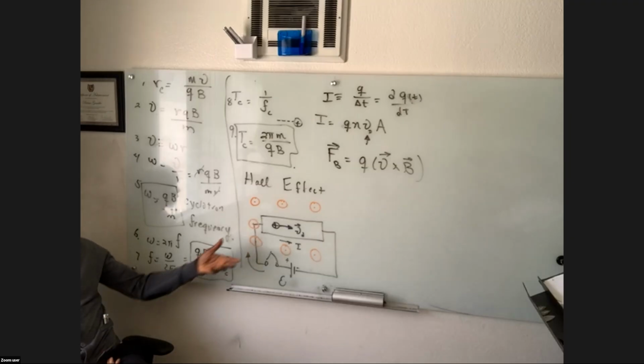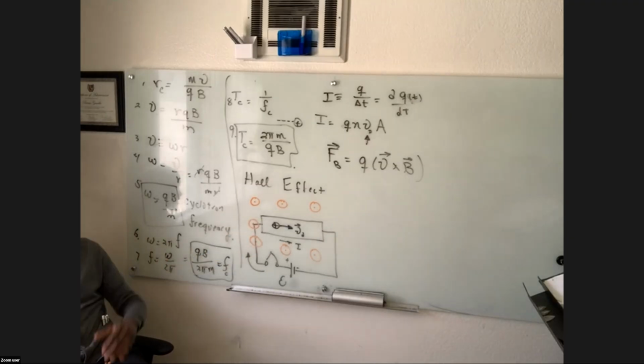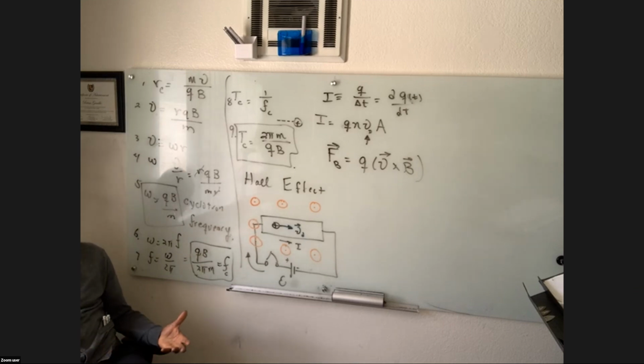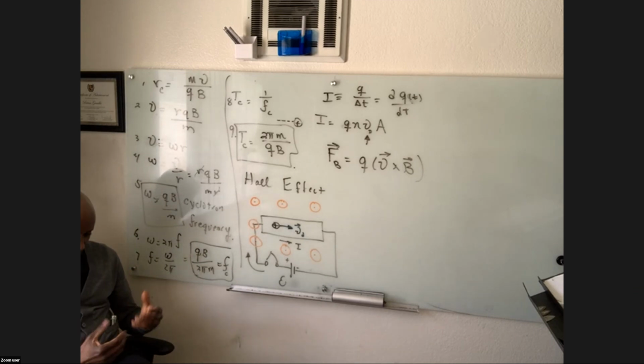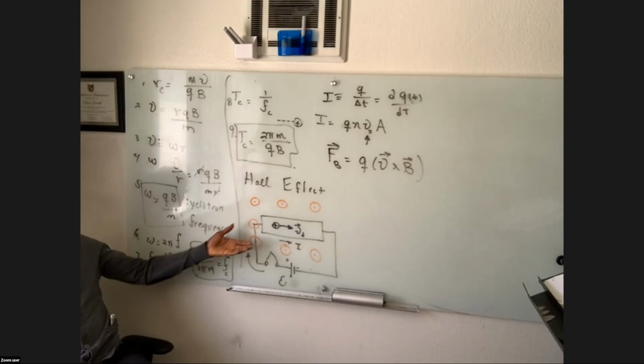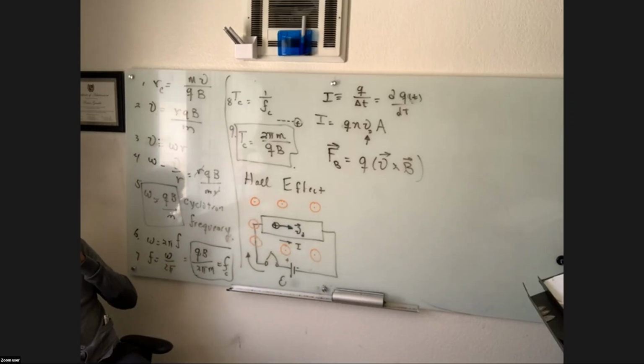So where we would see charge is inside a metal. So it would be the metal inside a capacitor plate or the metal inside of a magnetic field. Or like in the case of the aurora borealis, that's a cyclotron, but there's a whole bunch of other stuff going on. The fields are not constant. They're going into the earth. So this is a little bit more complex in that way that it's starting to get a bit more realistic.